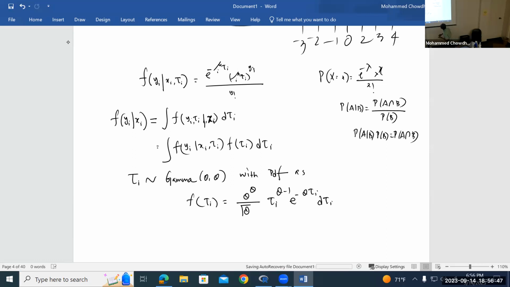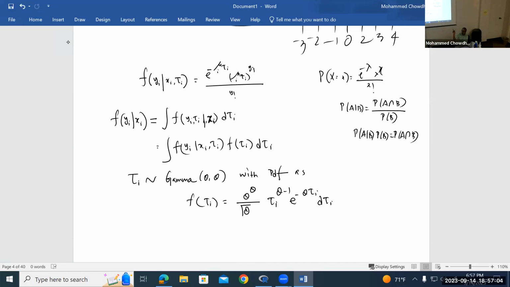We are assuming here that this follows a gamma distribution. A gamma distribution is a probability distribution, and we have to use this in order to find our desired mathematical function.